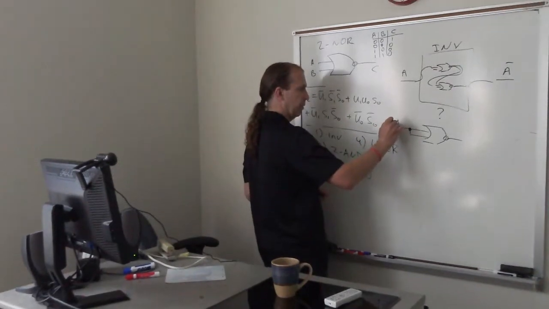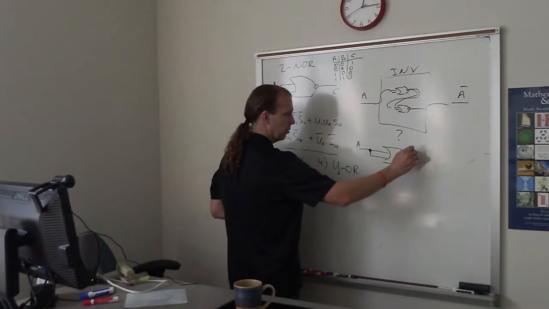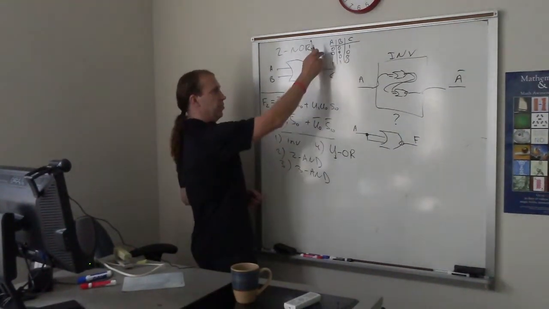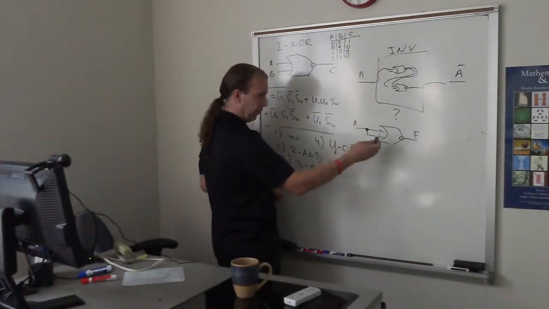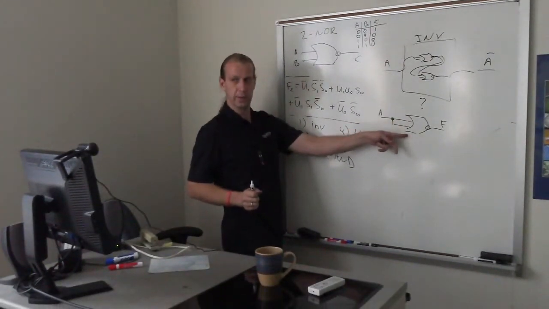This time we have A, and then some function f at the end. Based on the table, we will have the same value for the first input and the second input.